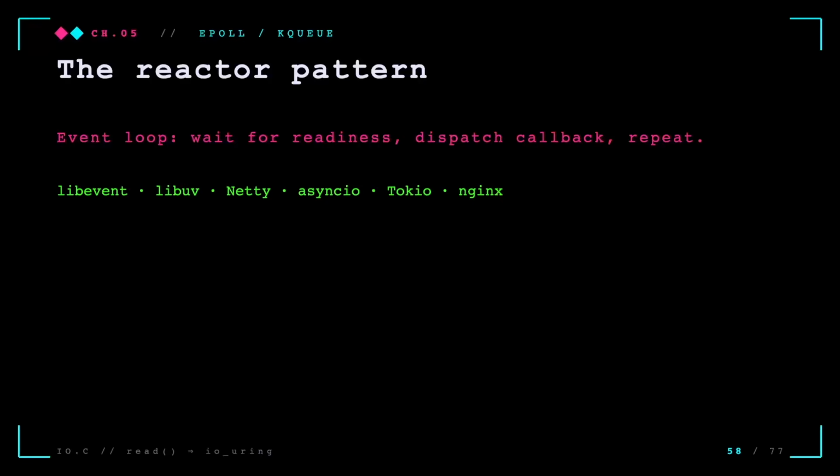The next thing I want to talk about is the reactor pattern. So the reactor pattern is a design that most servers use these days on top of epoll and kqueue. You can already see the pattern in the C code where we have an infinite loop. If we have an event, then we process that event.